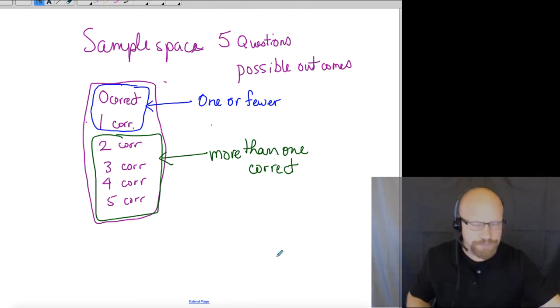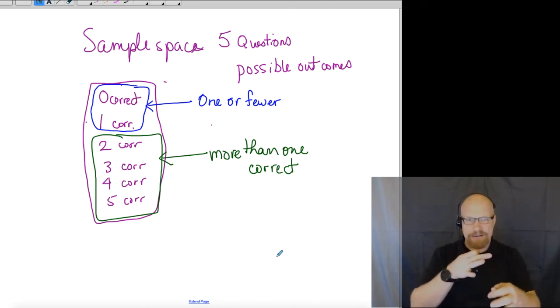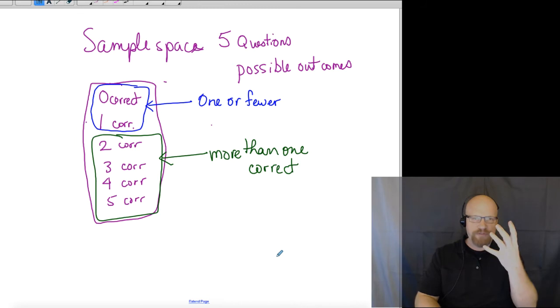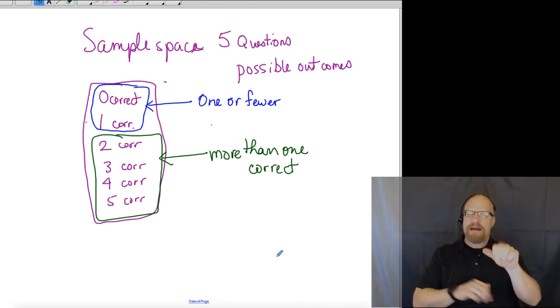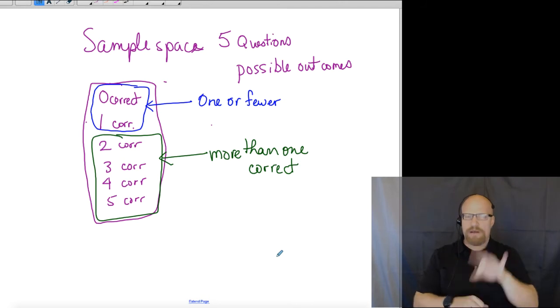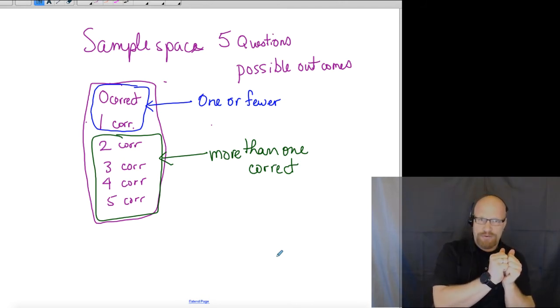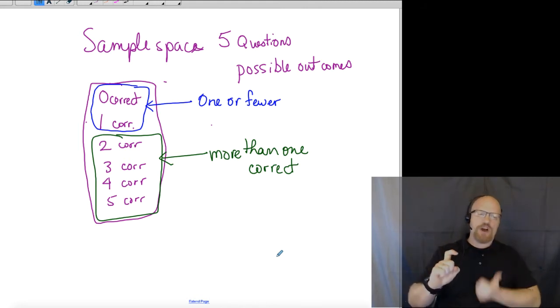So I can take advantage of that. Instead of doing probability of 2, probability of 3, probability of 4, probability of 5, and adding together, I can instead find the probability of 0 right, find the probability of 1 right, add together. Then 1 minus that will give me the other answer.